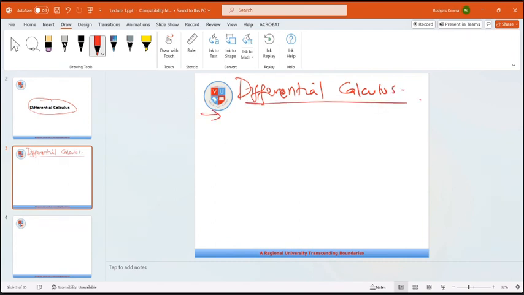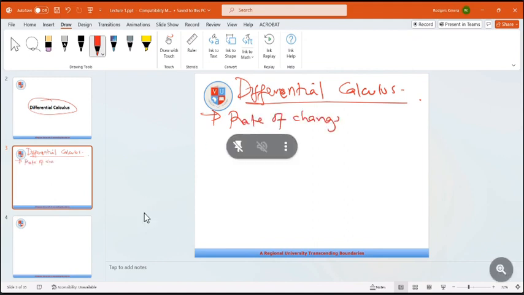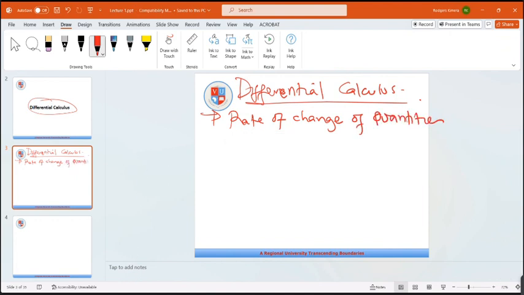Differential calculus is basically used to study the rate of change of quantities. That's what we said. Several quantities exist.